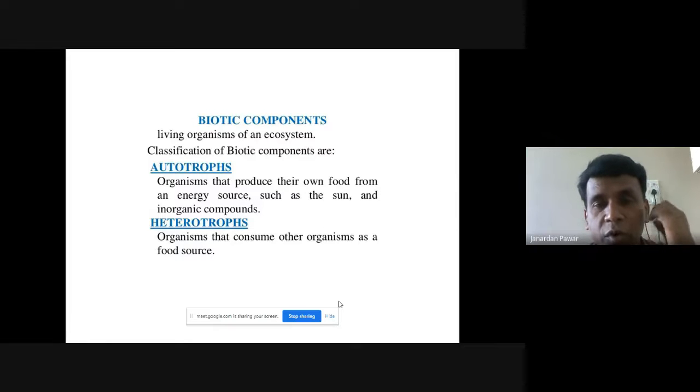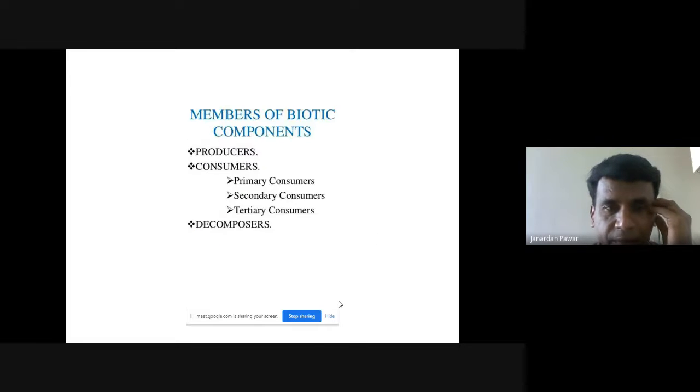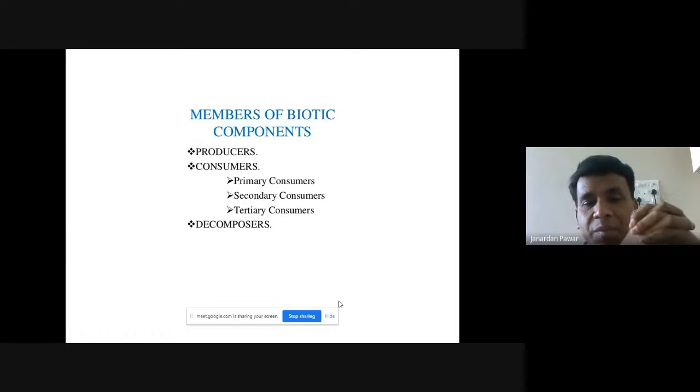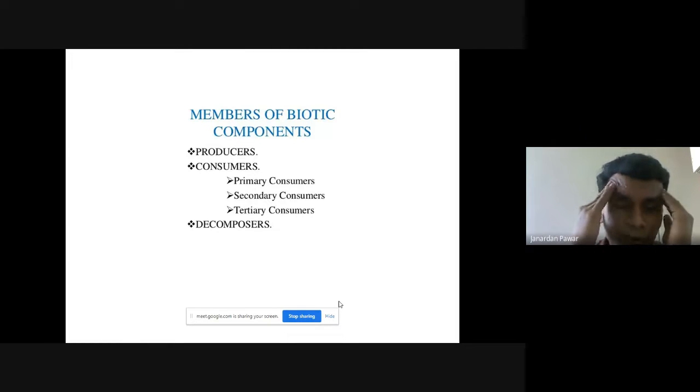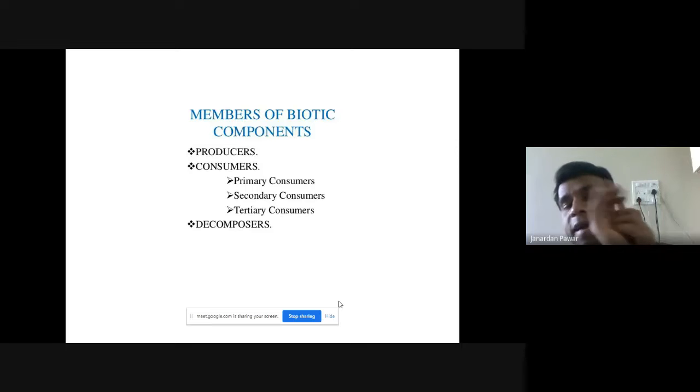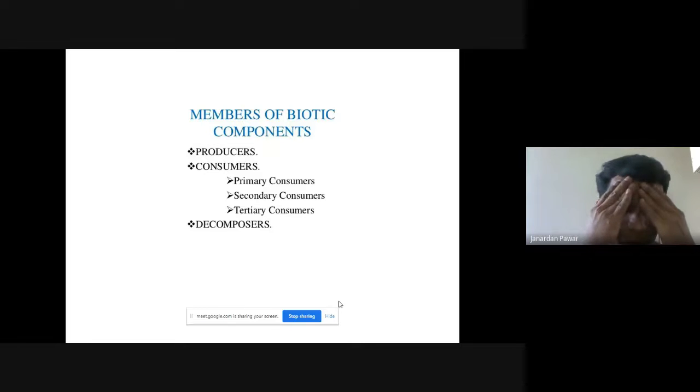Then biotic components also we have seen, autotrophs and heterotrophs also. Members of biotic components: there are 3 members as such. One is producer, second one is consumer. Under the category of consumer, there are 3 types of consumers: primary, secondary, and tertiary. And the last one is decomposers.